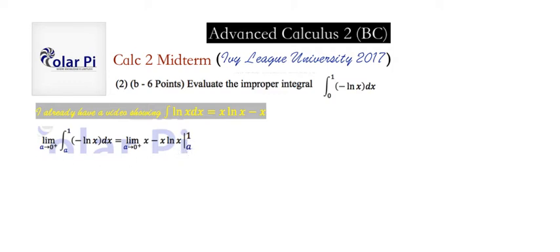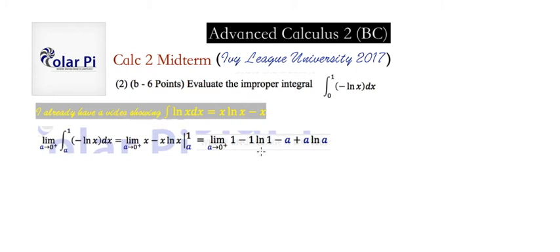So next is the evaluation piece. If we evaluate, then we plug in 1 first into x minus x times ln of x. Since ln of 1 is 0, when we evaluate 1 into x minus x ln of x, all we get is 1, and that's this 1 right here, because this part is 0 since ln of 1 is 0.